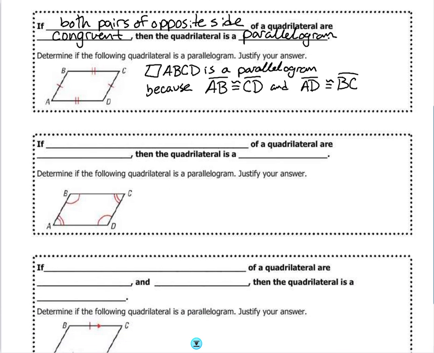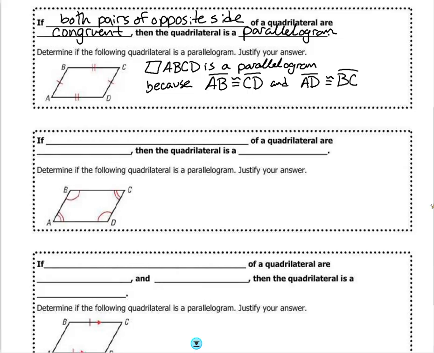One of our other characteristics was that if both pairs of opposite angles of a quadrilateral are congruent, then the quadrilateral is also a parallelogram.